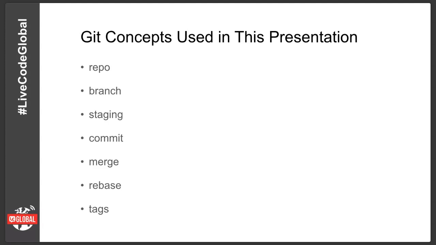Staging is the area in Git where you tell Git that you want to add these particular changes to the repo. You'll say, okay, I changed this file, yeah, I want to include that change, and I want to include this other change.